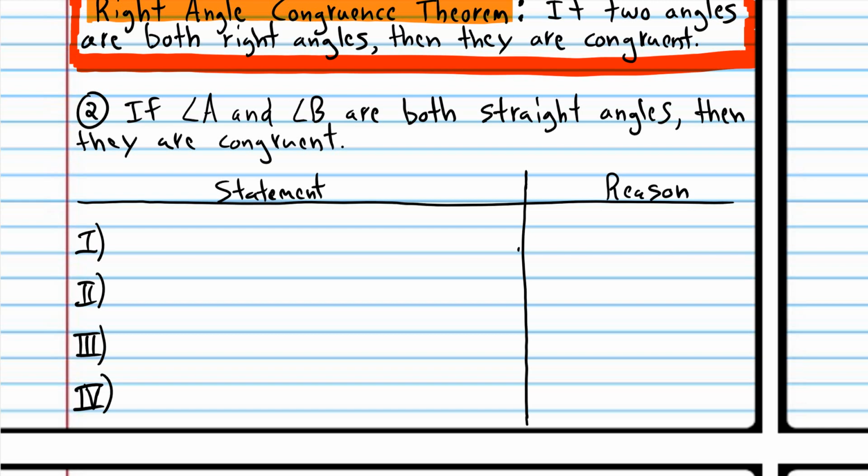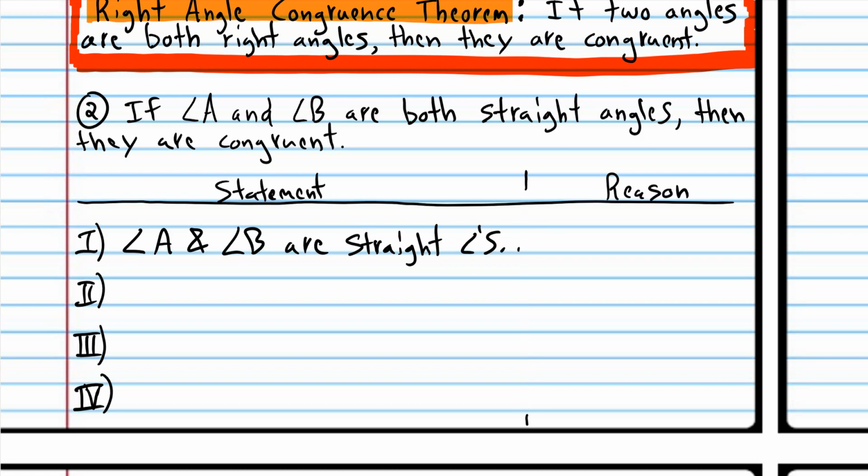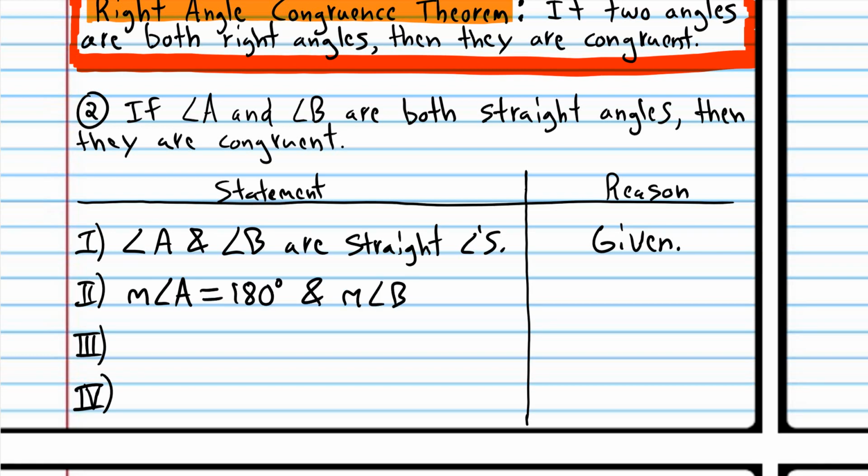All right, we're back. We'll start with the given information. Angle A and angle B are straight angles. And that is given information. Now, if they're straight angles, then by definition, the measure of angle A must be 180 degrees, and the measure of angle B must be 180 degrees.